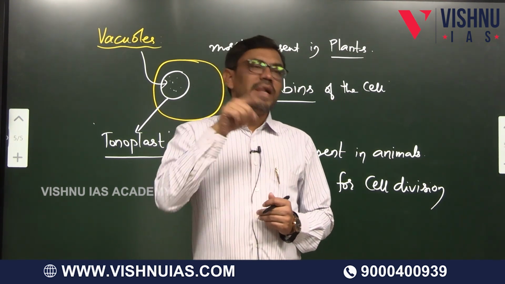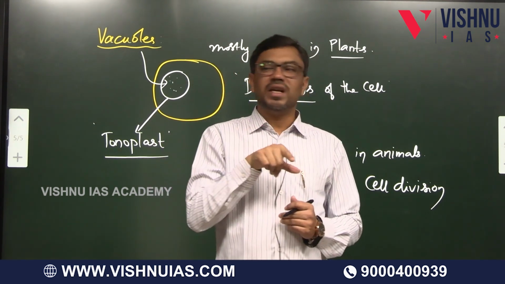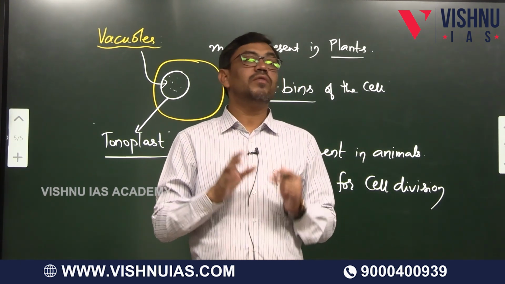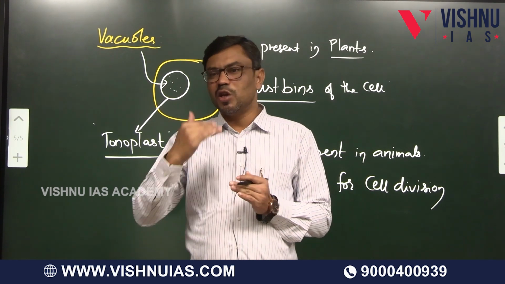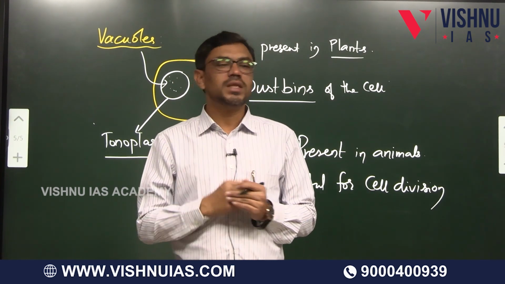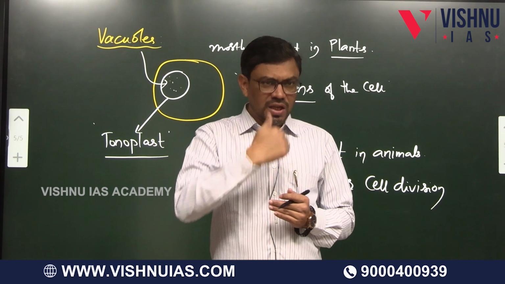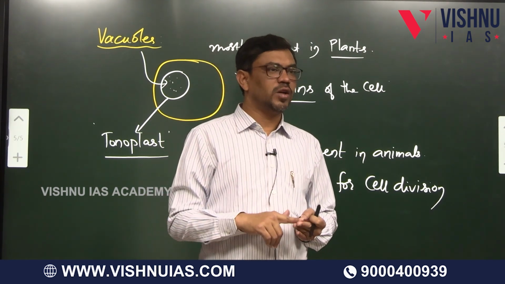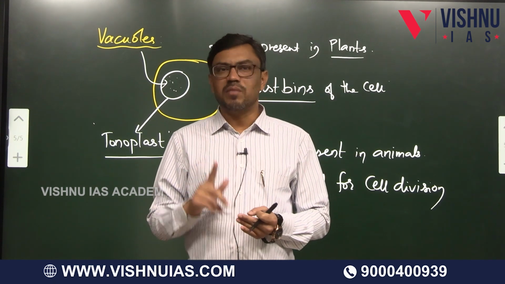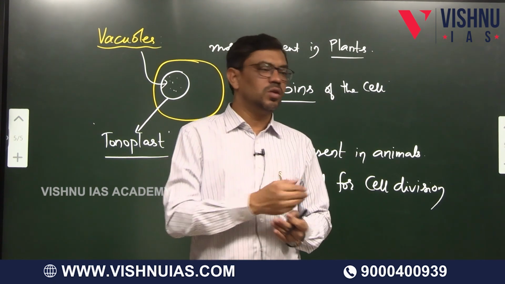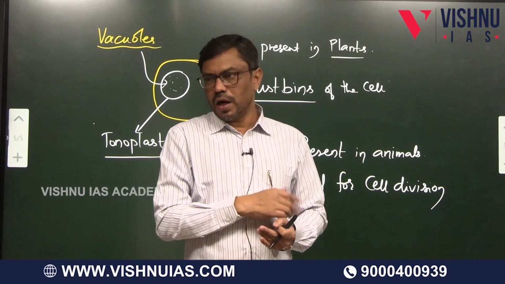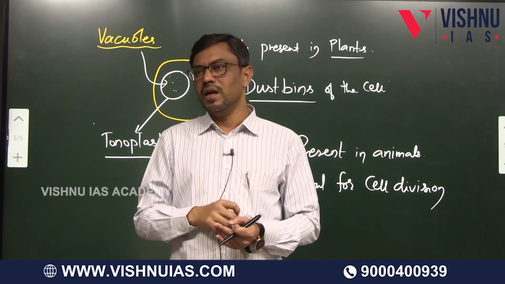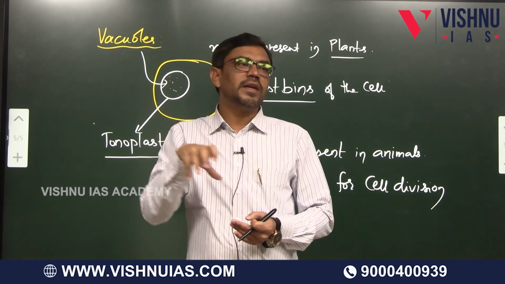Inside the cell there is a fluid matrix that we call cytoplasm, and inside the cytoplasm there are various types of subcellular structures called cell organelles. These include mitochondria, chloroplast, endoplasmic reticulum, Golgi complex, ribosomes, lysosomes, vacuoles, and also centriole. And the nucleus is there. The nucleus is the main cell organelle which controls all the activities of the cell.